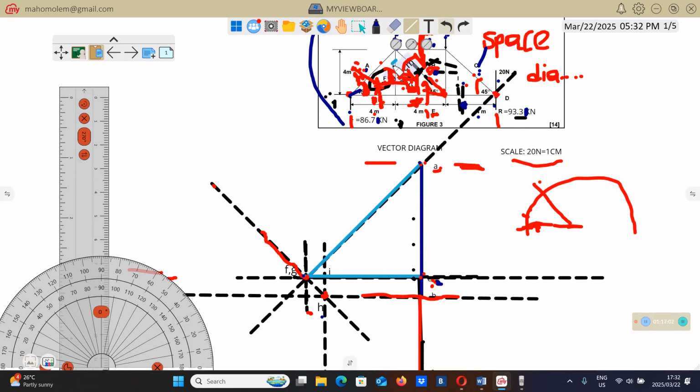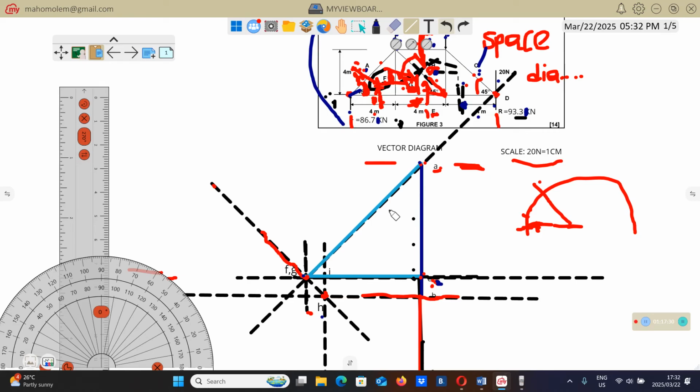Then I come to this member here. FG is between F and G. So I'm going to draw a line from F to G. Oh, F and G are on the same point. So actually the length of that line would be 0. Okay, what is the meaning of that?